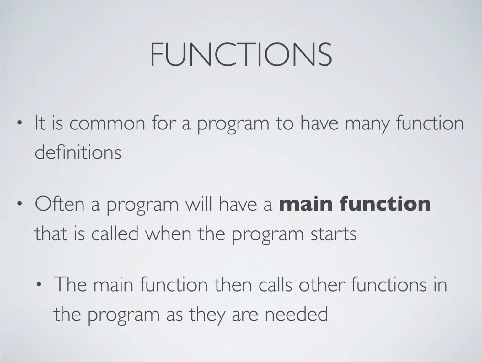It's sort of saying, okay, first do this, then do that, then do this. The main function is really sort of the brains of the operation. So generally in your programs, you'll have a main function definition that does, you know, most of the work, and then you'll have other function definitions that maybe do their own little pieces, and then at the very end you'll make a call to said main function.